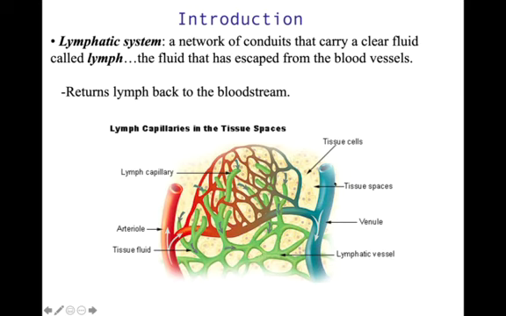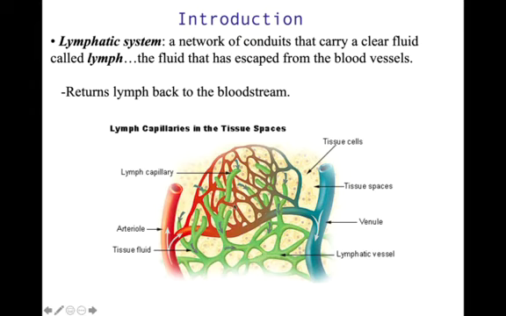In this figure, we see an arteriole, a capillary bed, and a venule. On the arterial side of a capillary, there's lots of hydrostatic pressure because the heart is over here. As the heart beats and creates pressure, it forces blood to travel through these very small vessels, the capillaries.